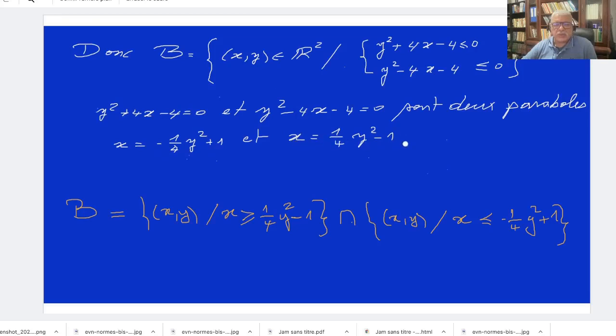And therefore B is the set of (x, y) such that x is greater than or equal to one quarter y squared minus one, and x is less than or equal to minus one quarter y squared plus one.